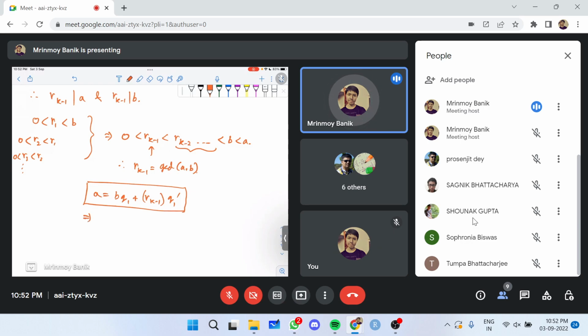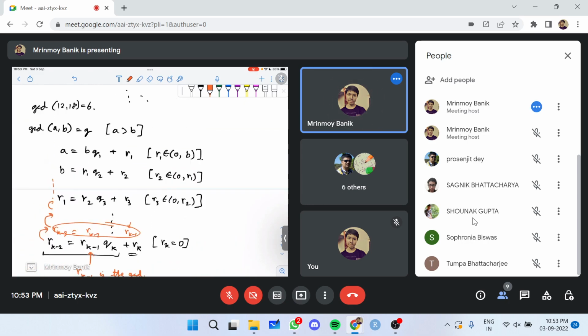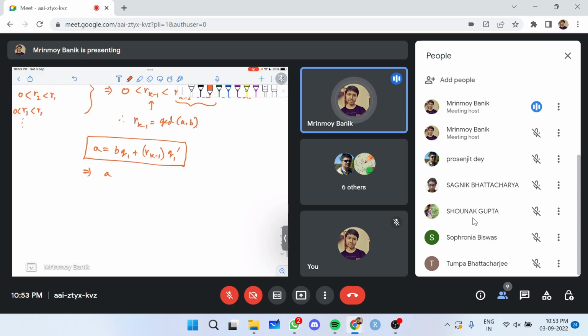And now if you rearrange, you get... I guess this equation won't look like... Okay, let me use a working example, like for 12 and 18.